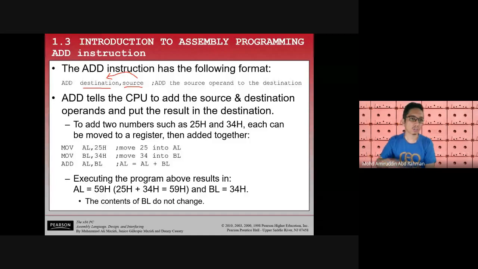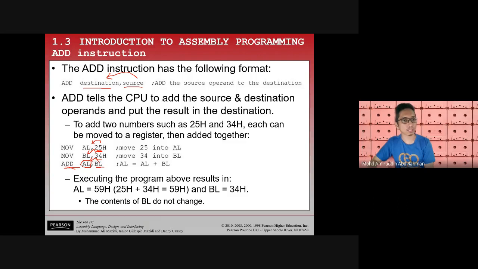All right. So now we want to move 25 into AL. Okay, so we put that 25 into AL. Move 34 into BL. And then add BL to AL. Previously AL is 25, and now BL is added to this value.